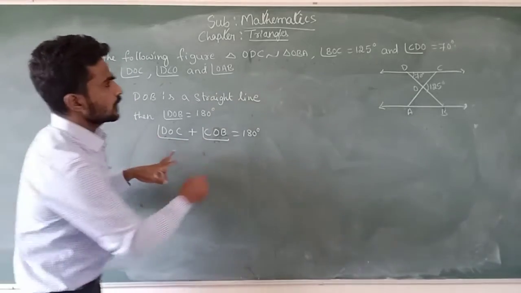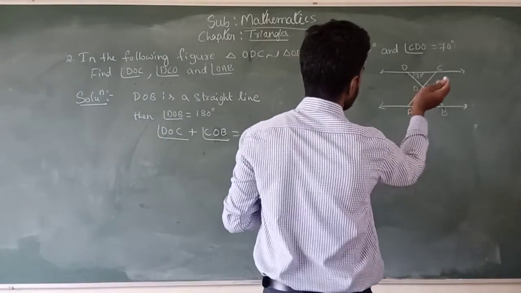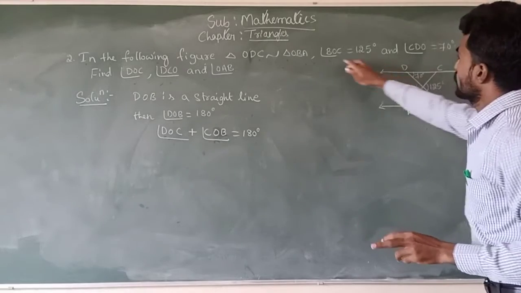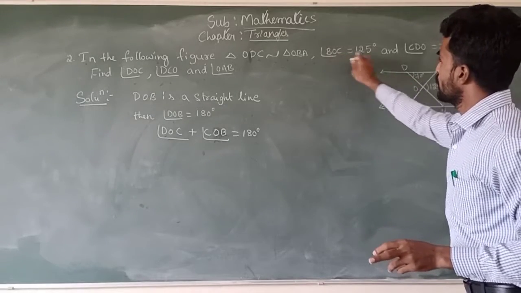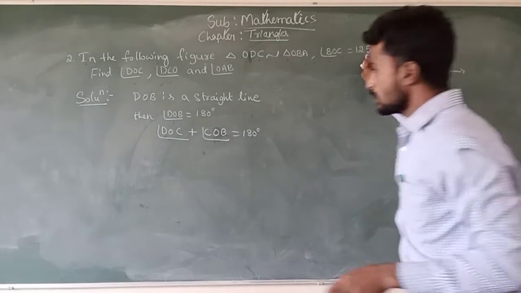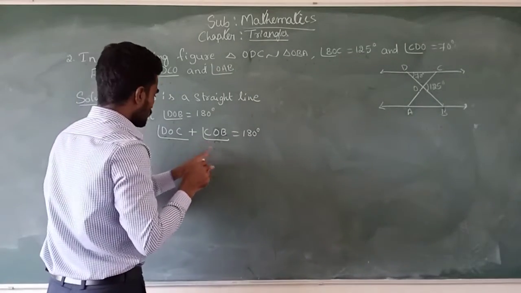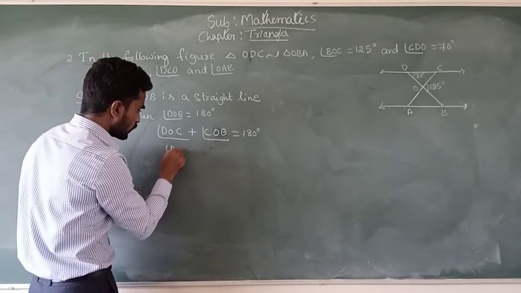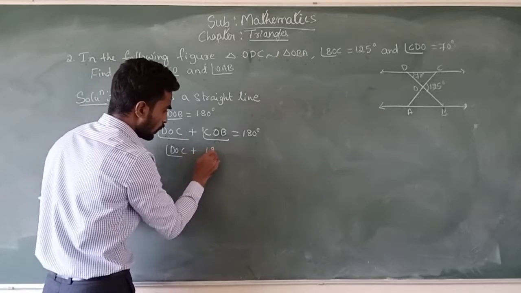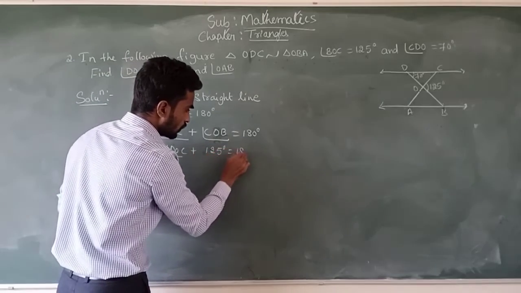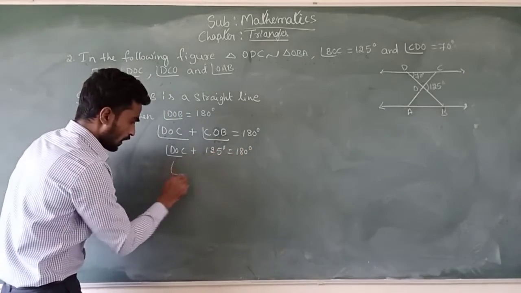They already given that COB, or BOC, is 125 degree. Substitute in this equation: DOC plus 125 degree is equal to 180 degree.